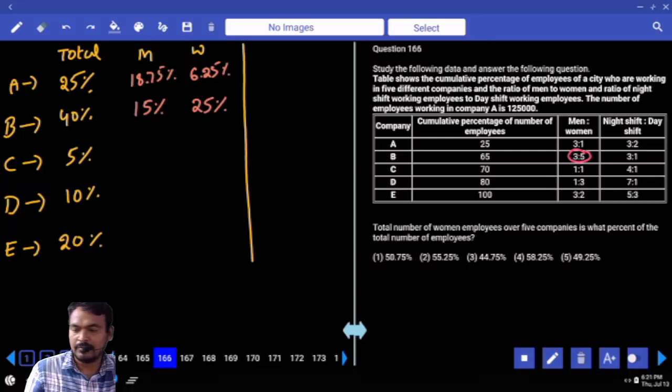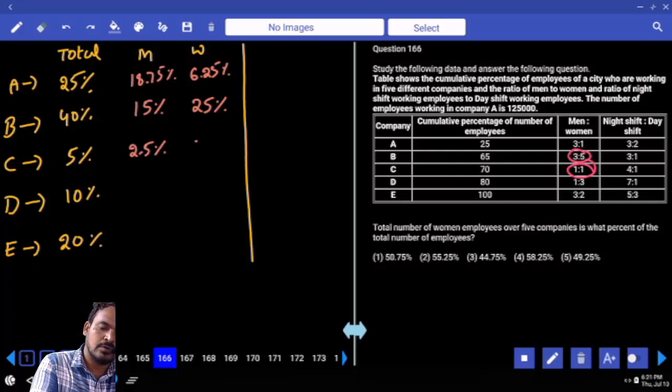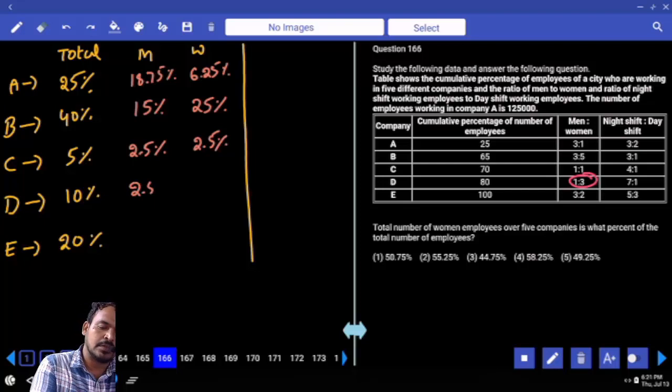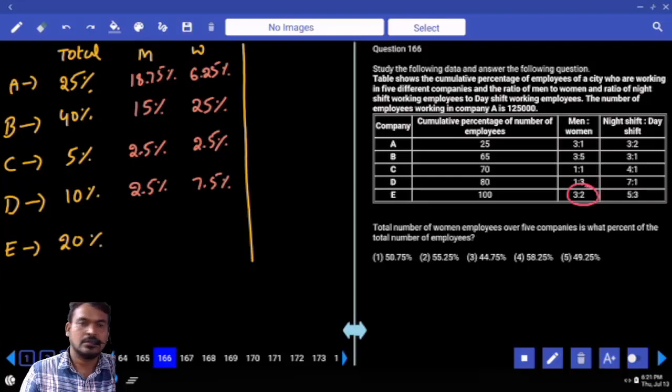Next, in 5%, what is the men and women ratio? 1:1 means men will be 2.5, women also 2.5. Next, in D, what is the ratio? 1:3. 10% is 4 parts. Every one part 2.5, 3 parts 7.5. Next, in 20%, what is the ratio? 3:2.